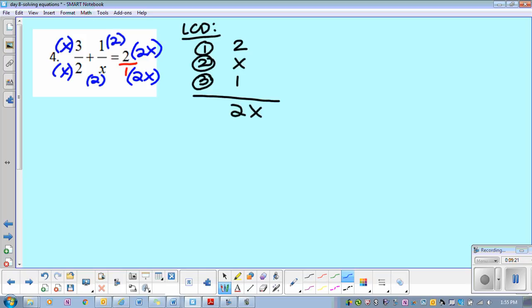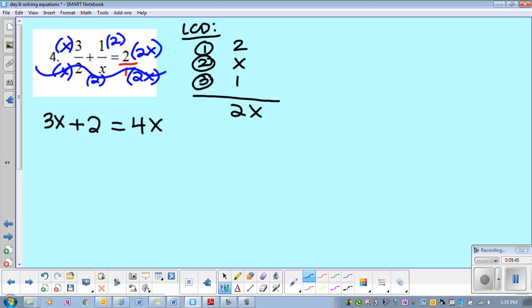Okay. Oh yeah. Cross out the bottom. And then everything you need is up at the top. X times 3 is 3x. Plus, what's 1 times 2? Equals 4x.